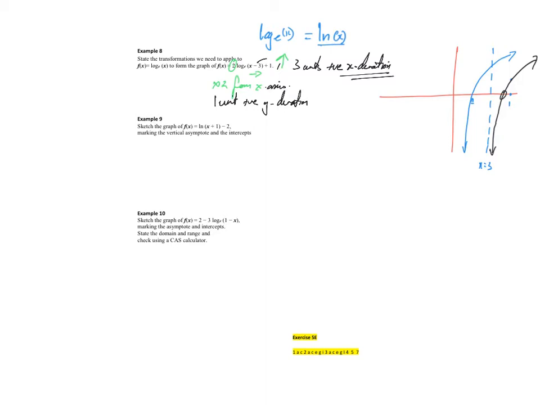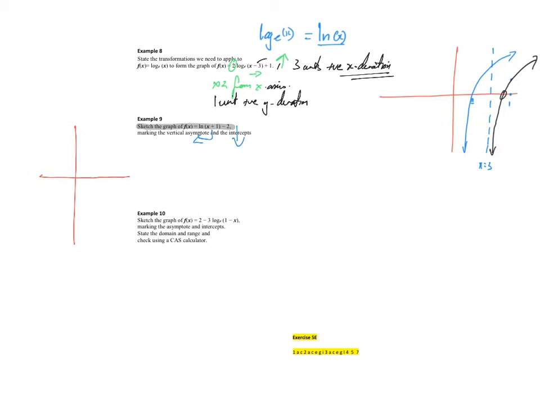All right. Question 2, or example 9, says sketch the graph. Now we're all cooking. So if I have a go at sketching this graph, maybe over here, let's identify my transformation still. To the left 1 unit, down 2 units.